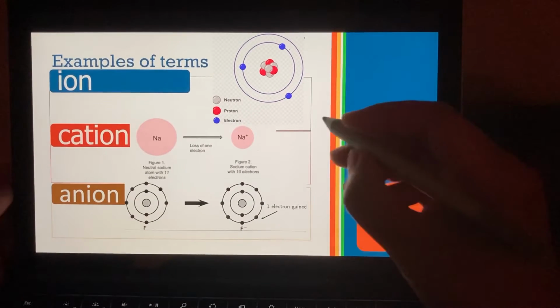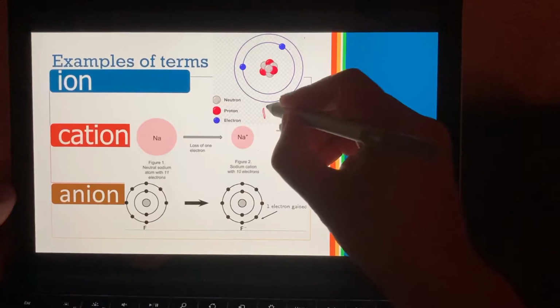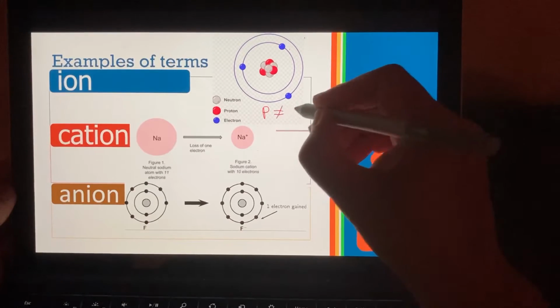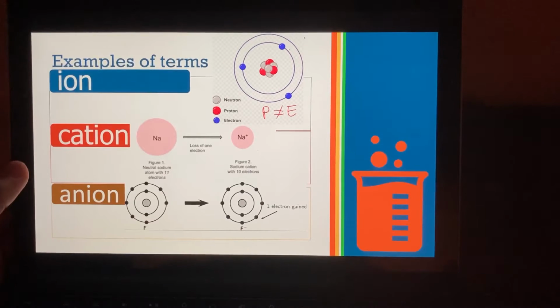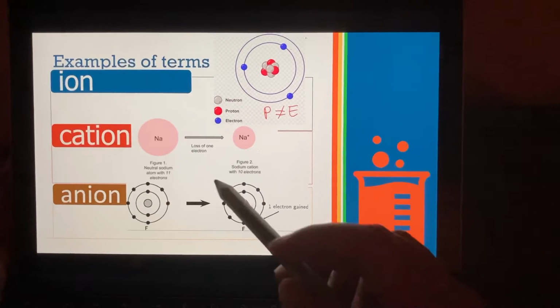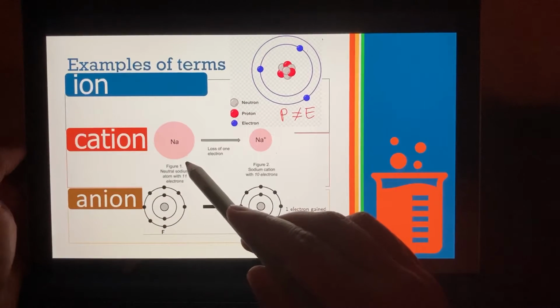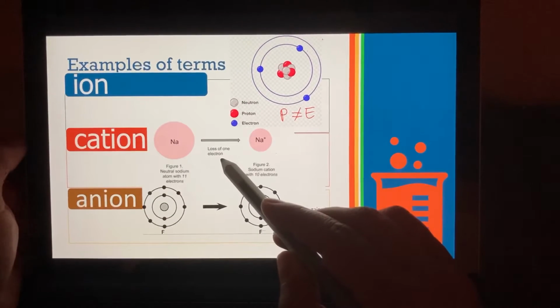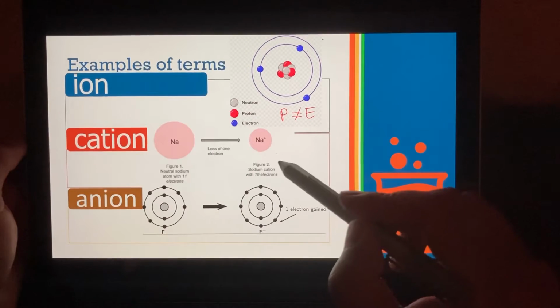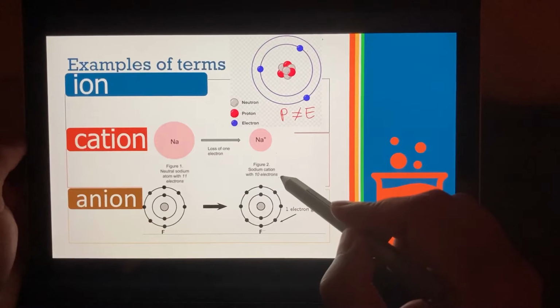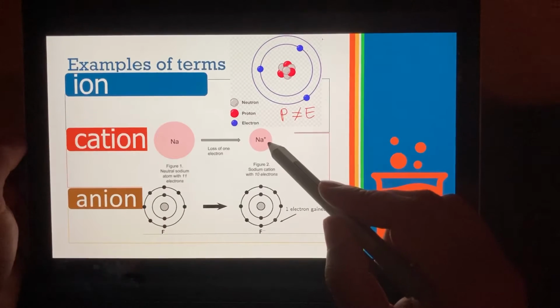An ion means that the protons do not equal the electrons. An example of a cation is this sodium element here, which loses an electron. So instead of 11 electrons, it has 10 electrons, making this element Na+.